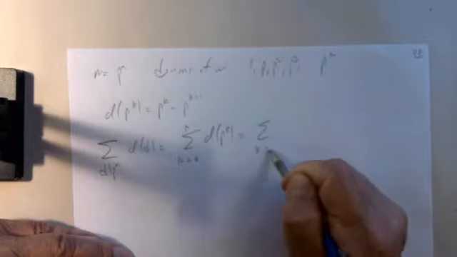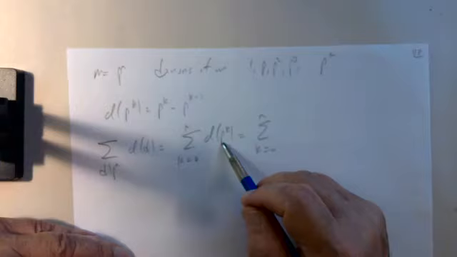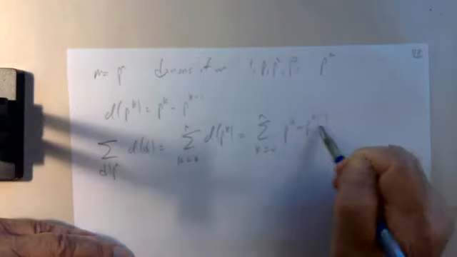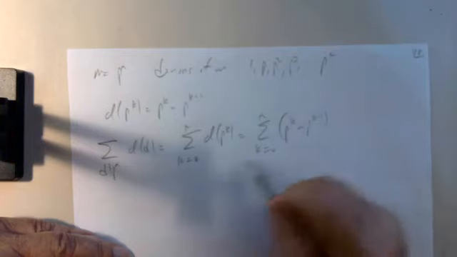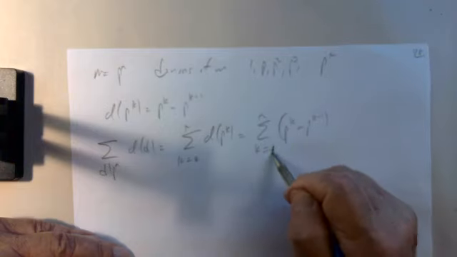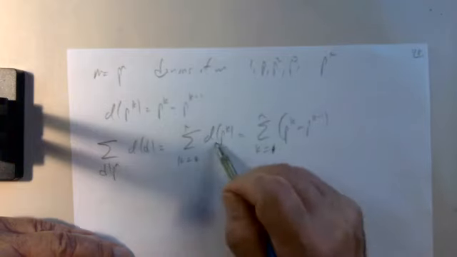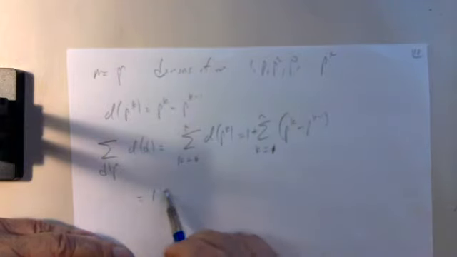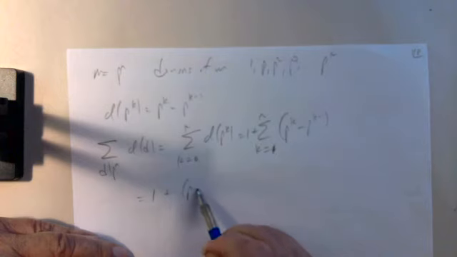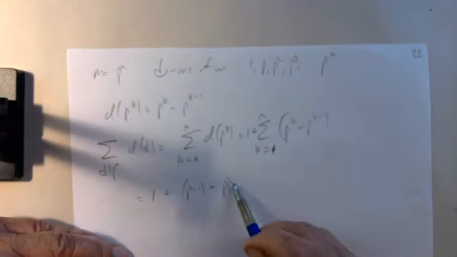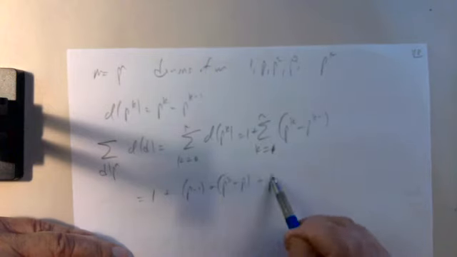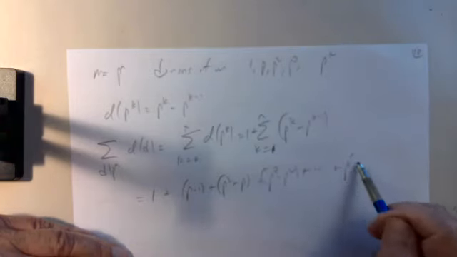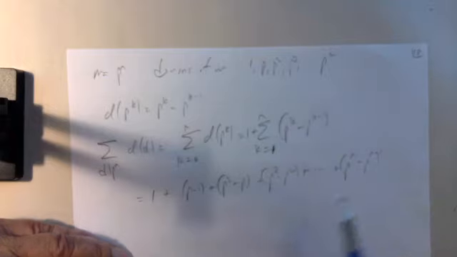Phi of p to the k is p to the k minus p to the k minus 1 for k going from 1 up to r, and when k is equal to 0, phi of 1 is 1. So this is 1 plus p minus 1 plus p squared minus p plus p cubed minus p squared, up to p to the r minus p to the r minus 1.